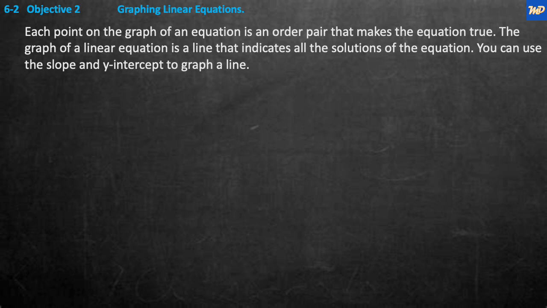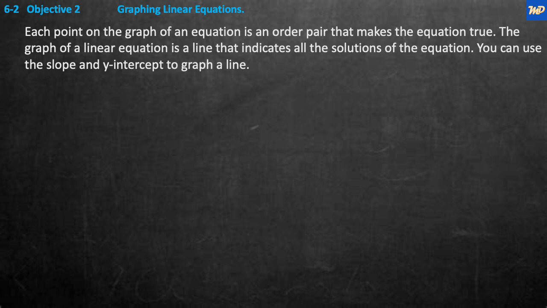What they're saying is that any point you pick on that line, any ordered pair x comma y, of the infinite number of points along that line, each one of those points is a solution. You put in the y value and the x value, and the left side will be equal to the right side. So that's what they mean by that.